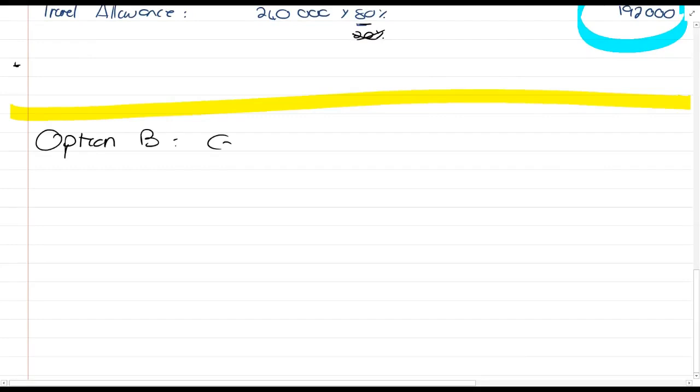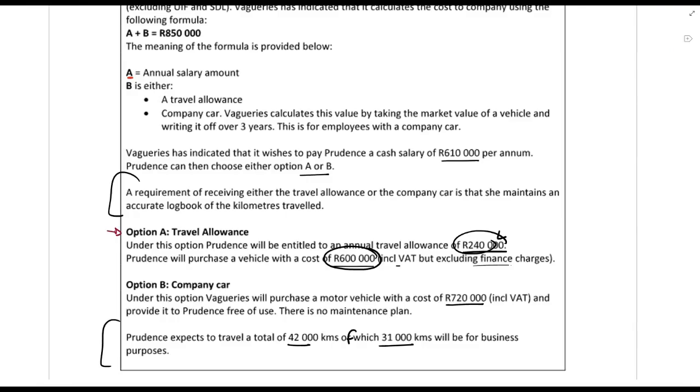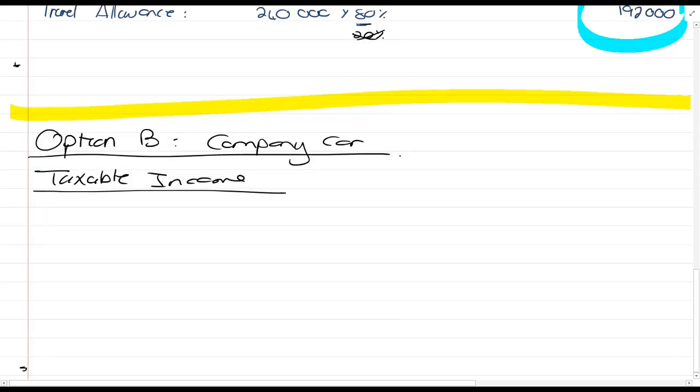So now we're going to do option B, company car. So let's start with the effect on taxable income. Okay, so she's going to get a car, 720,000 rands, no maintenance plan. So 720 times 3.5% times 12.